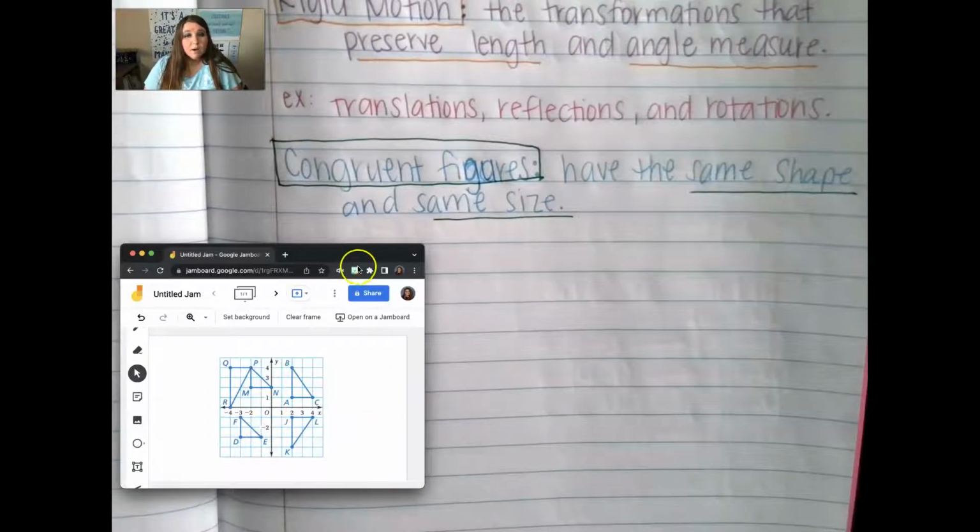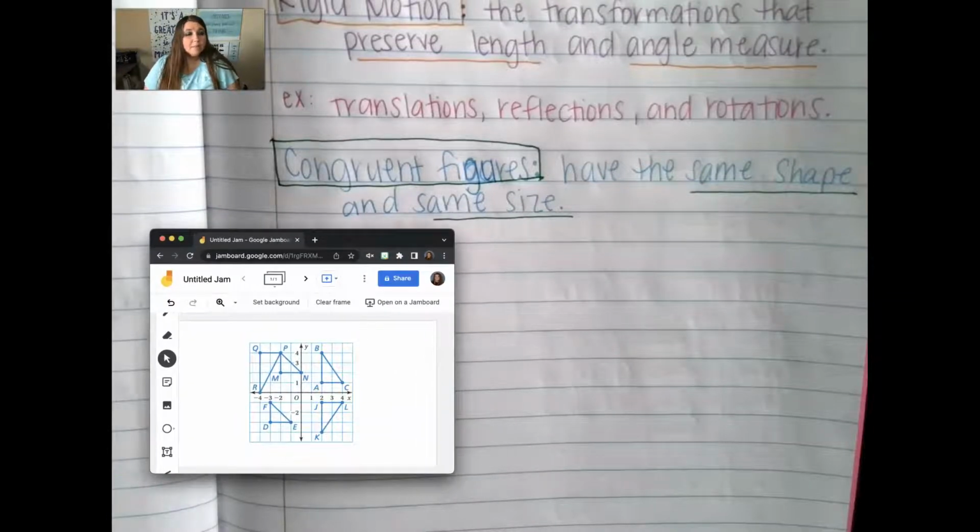And we're going to talk about why they are congruent, like what has happened to them, or the rigid motions that have happened, to make them congruent. First, we're going to take a look at triangle D, E, and F.